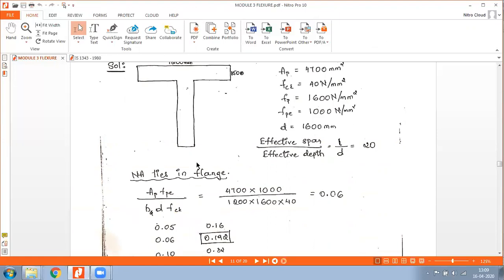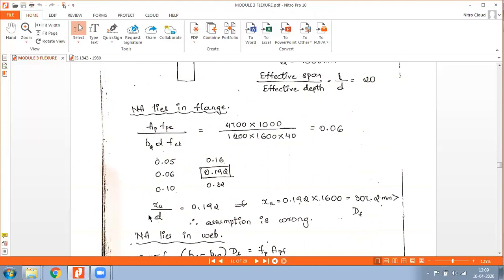First, we need to assume that the neutral axis lies inside the flange. We need to calculate the effective reinforcement ratio, AP FPE divided by breadth of flange into effective depth into FCK. On substitution and simplification of the values, we get the effective reinforcement ratio as 0.06. First, we need to calculate XU by D ratio.